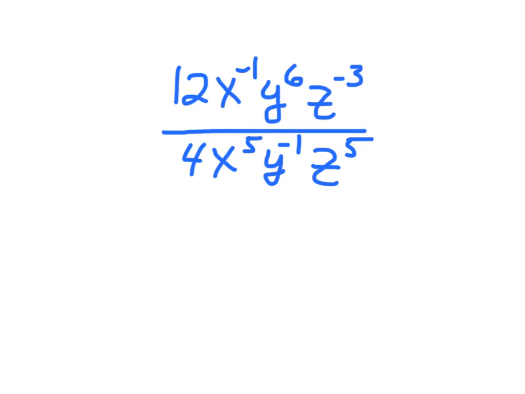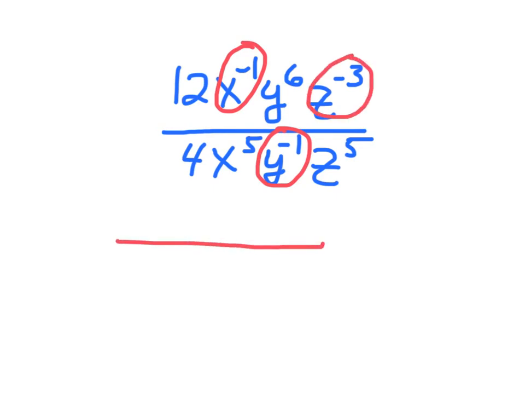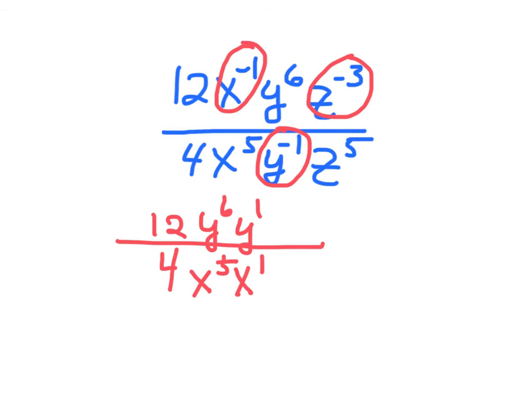In this problem, we want to move any negative exponents, moving the whole powers. So when I rewrite the problem, I'll have 12 y to the 6th, y to the 1, over 4 x to the 5th, x to the 1, z to the 5th, z to the 3.